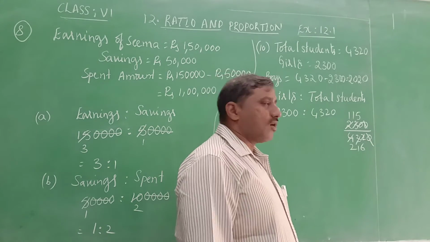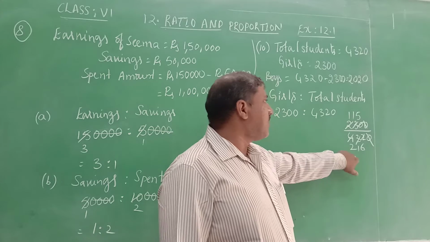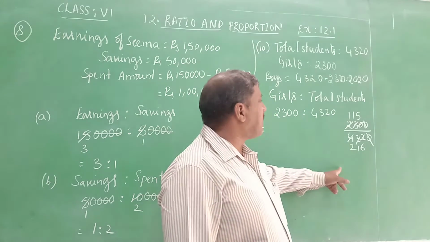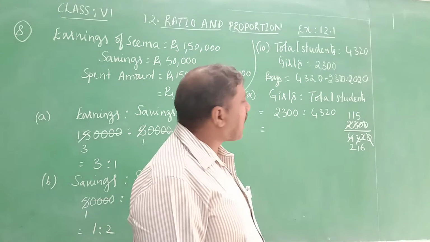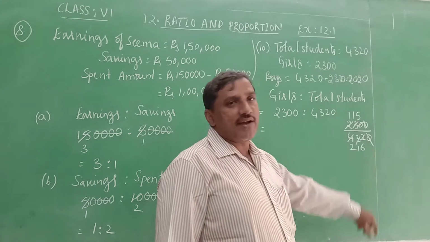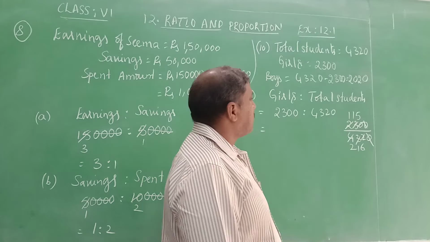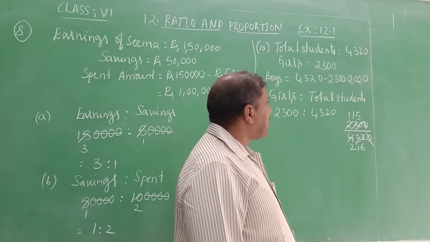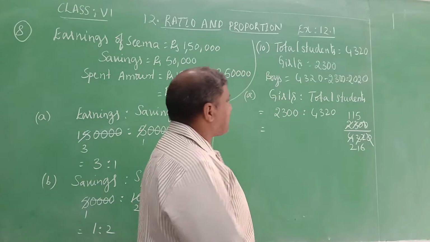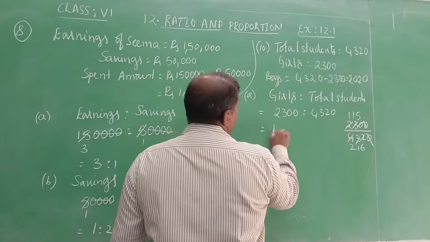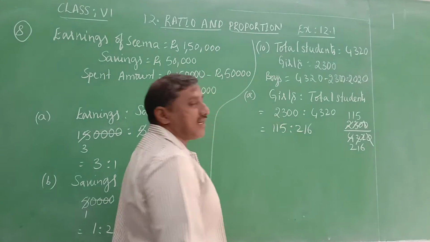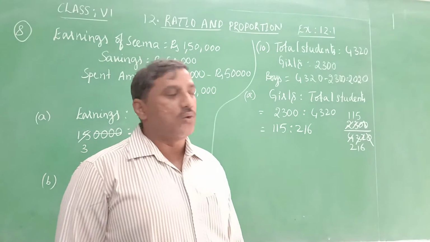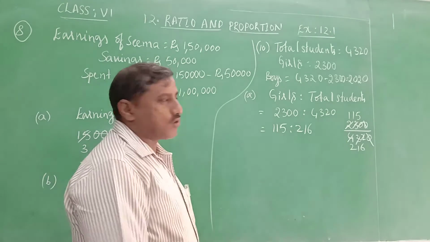Then 4, no. 5, not divisible. 6, no. 7, no. 8, no. 9, no. 10, no. 11, no. So what is the ratio we get? The co-prime numbers we get are 115 is to 216. That is the ratio of girls to the total students.